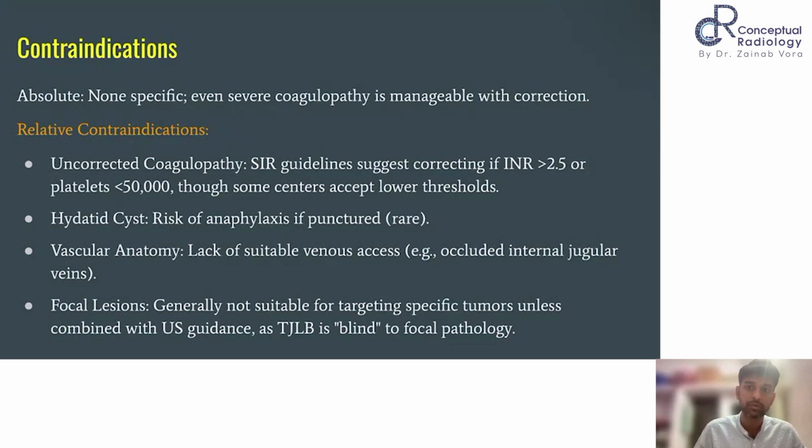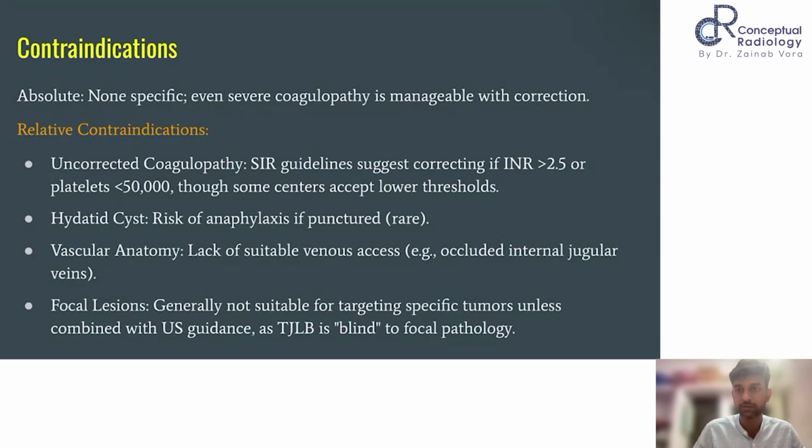That is also one possibility. But rarely, both jugular and femoral veins might be occluded. In those cases, we can do a direct puncture. We can try, or else we can do venoplasty followed by a transjugular or transvenous liver biopsy. So that is one option.